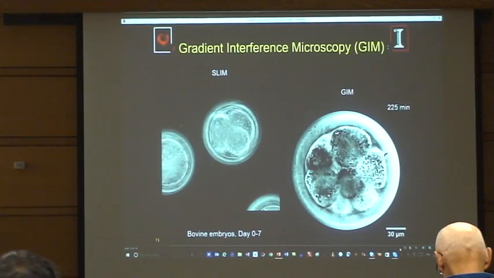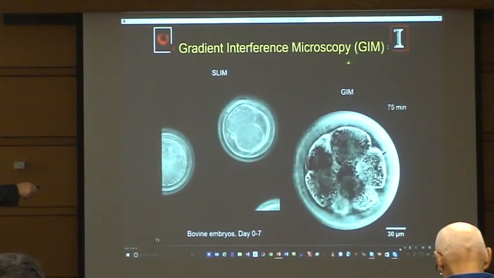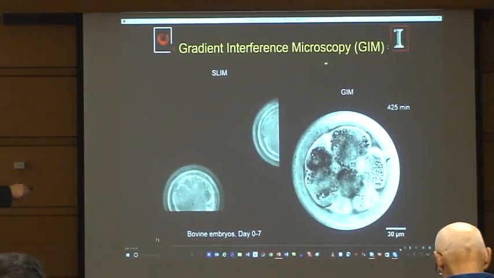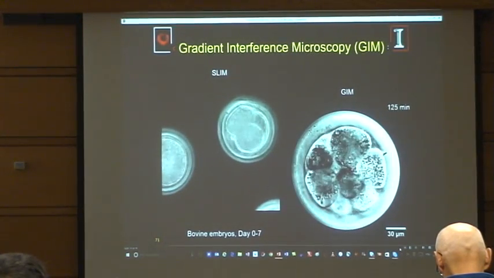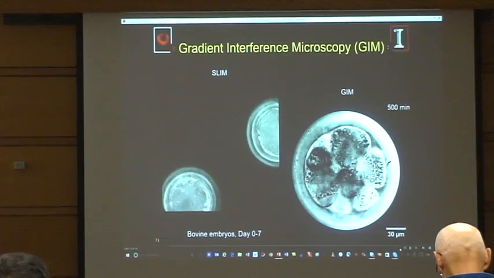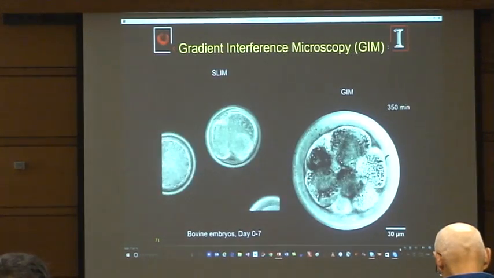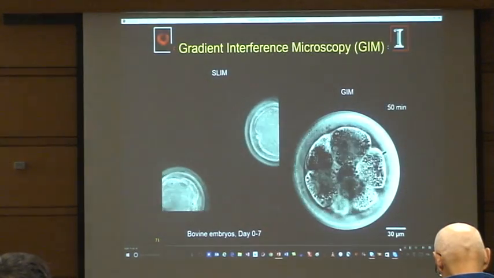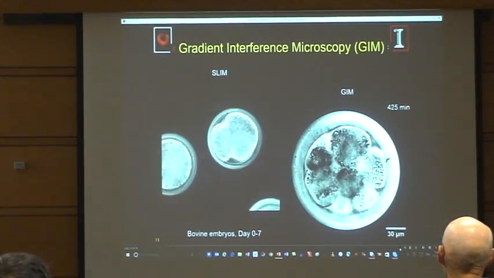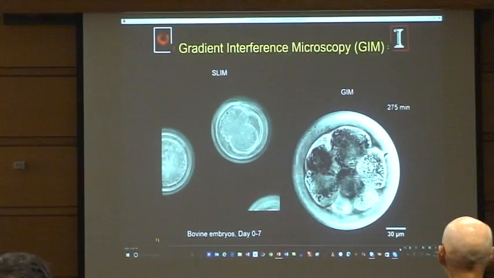So instead, we came up with this method that we call, for now, gradient interference microscopy. It's essentially what SLIM is doing for phase contrast, where you take control over that ring. GIM is doing that for DIC. So in DIC, what interferes is this image with a slightly shifted version of itself within the diffraction spot.